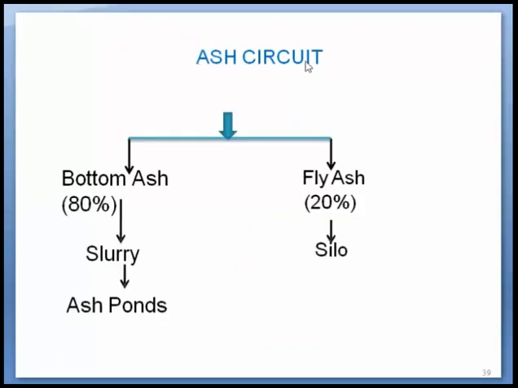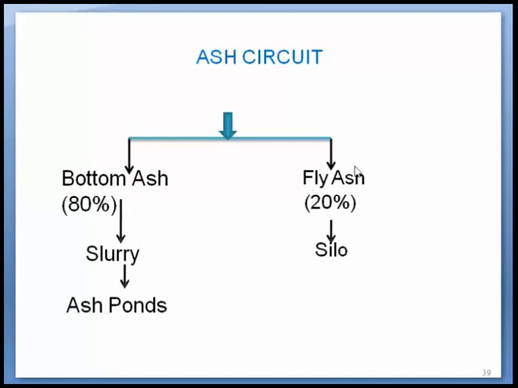Then comes the ash circuit. As we discussed earlier, ash is obtained in the form of bottom ash, which constitutes almost 80% of the total ash, and almost 20% of the ash goes in the form of fly ash. The bottom ash is mixed with water in the form of slurry and sent to the ash ponds.